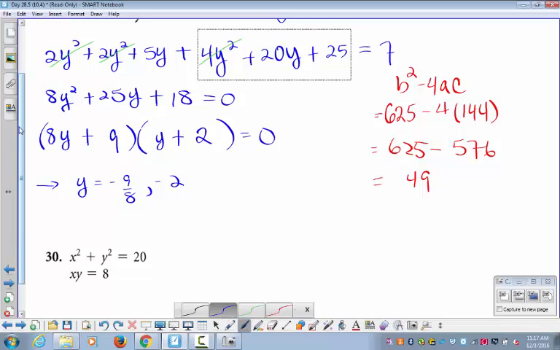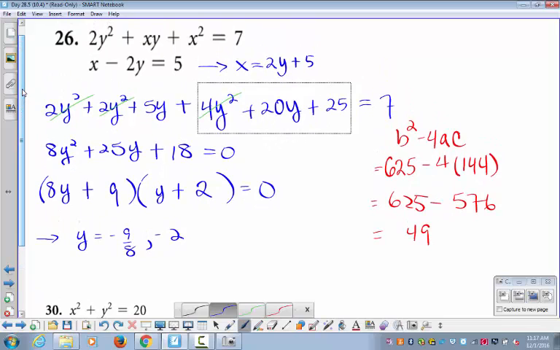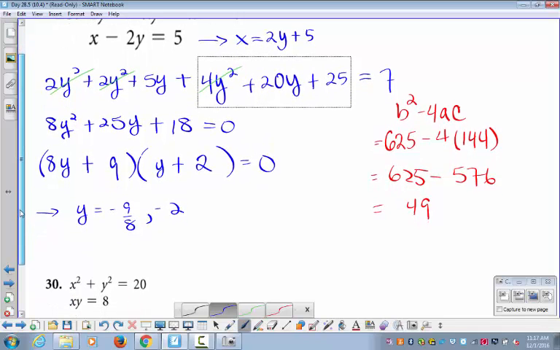Then we back sub. Come back up here, and which equation should we plug into? Second one, because x is to the first power. Up above, x is squared, so that will give us 2 answers for each of these y's, which we don't want. We want the least number of possible answers. So we're going into equation 2.